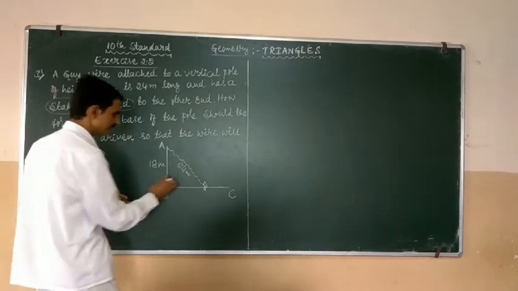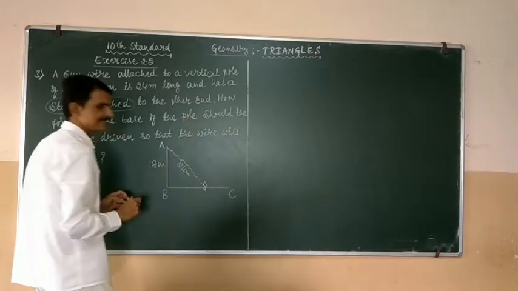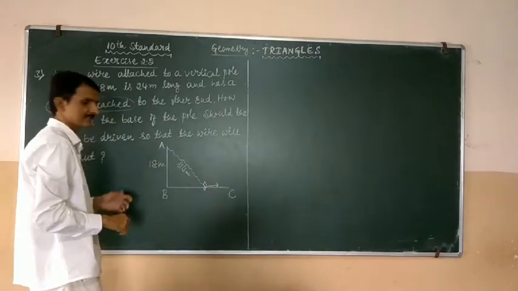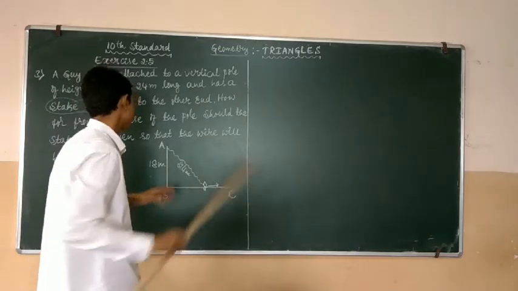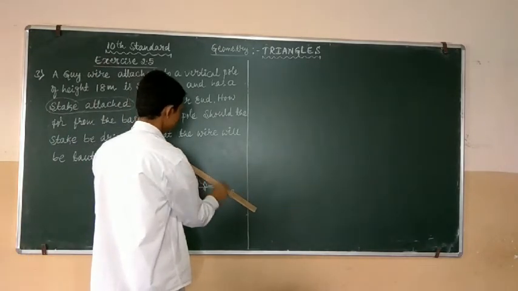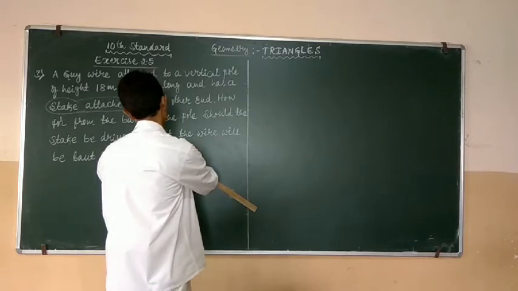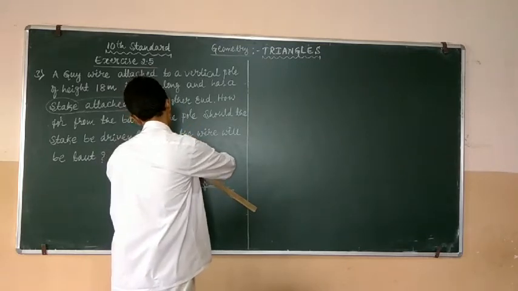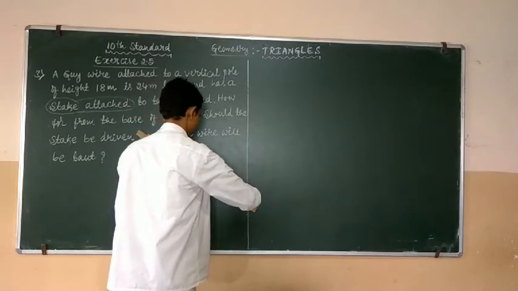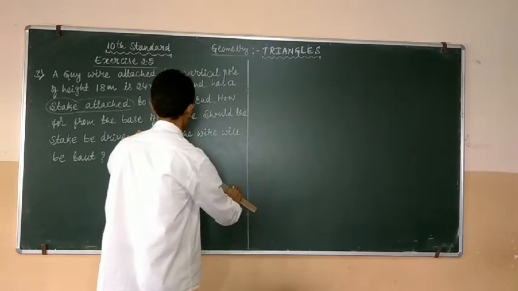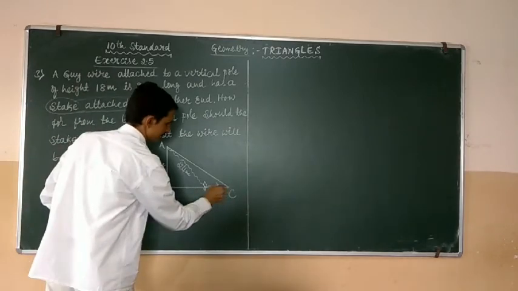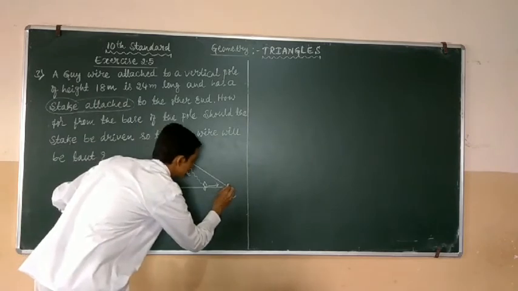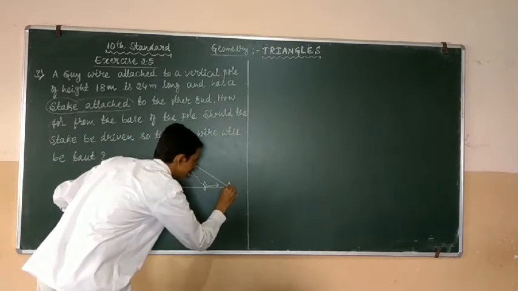That means if it is moved towards C, then it will become straightened, or tightly bound. If it is taken to point C, it will become tightened or straightened.